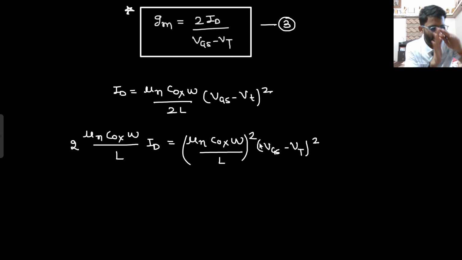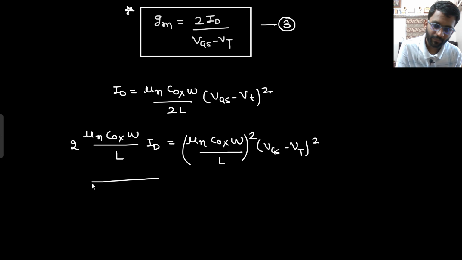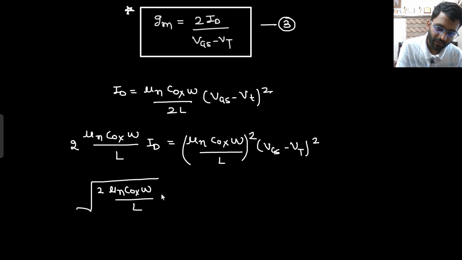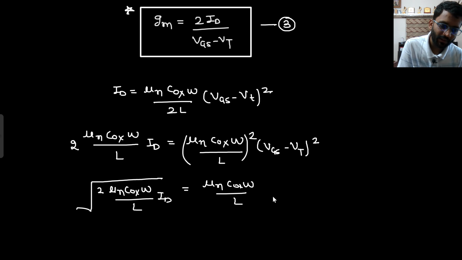This complete expression is a square, so I can take the square root on the other side. So from here what do I get? Under root 2 into mu n Cox W by L into ID, that is equal to mu n Cox W by L VGS minus VT.